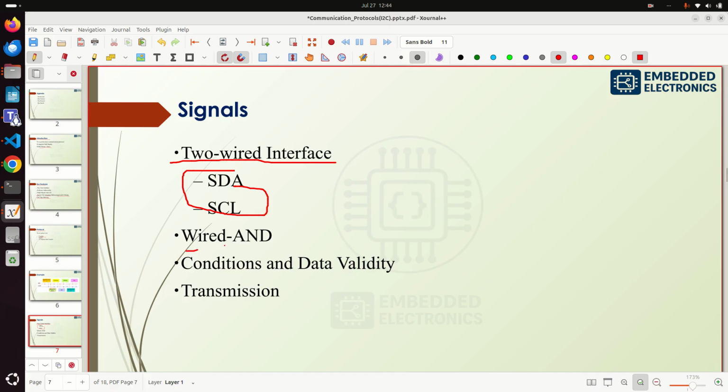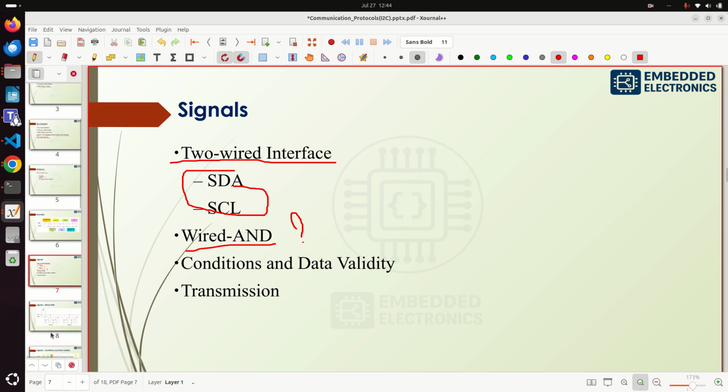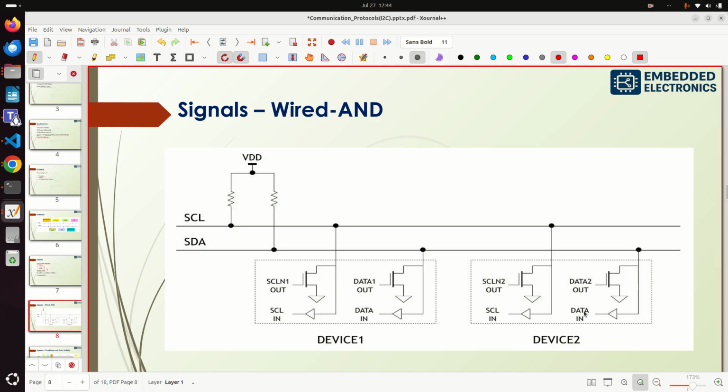What do you mean by wired AND? Let's see. Here we have two devices, device 1 and device 2, and only one data line.